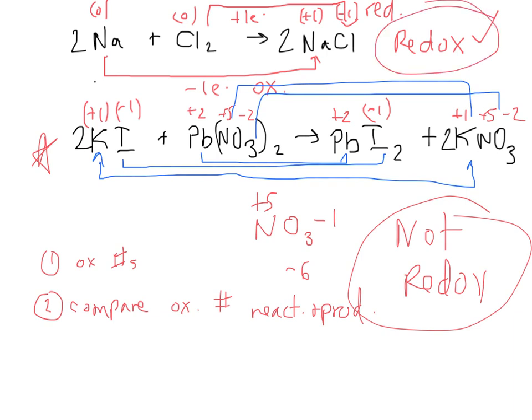If no oxidation numbers have changed, it's not a redox reaction. So that identification process is the simplest approach. As I said, there are sometimes some shortcuts you can take. However, I suggest you do it the long way for the first few and then work your way into cutting the shortcuts.